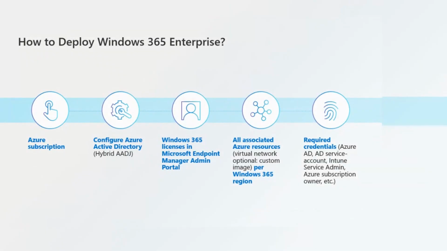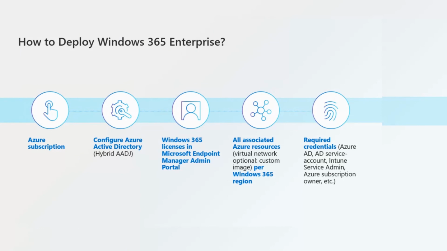So how do you deploy Windows 365? To deploy an Enterprise Cloud PC, the first step is to create your Azure subscription and implement Azure AD and a virtual network, so that you allow the line of sight to your domain controller. Once you have this in place, you can go ahead and configure your hybrid AD join that integrates your on-premise AD with Azure AD.